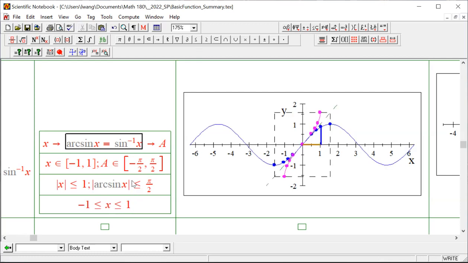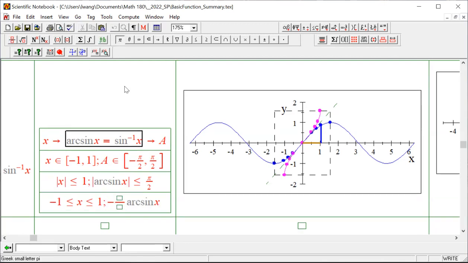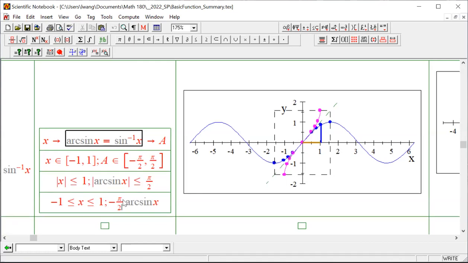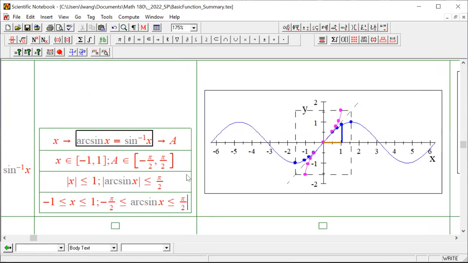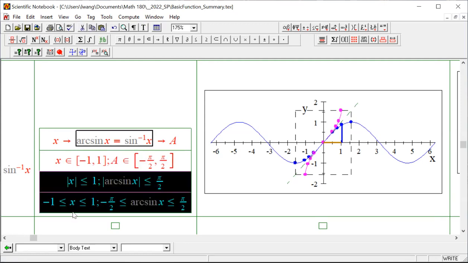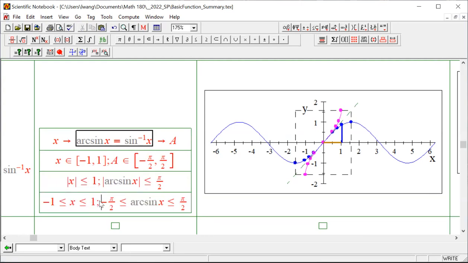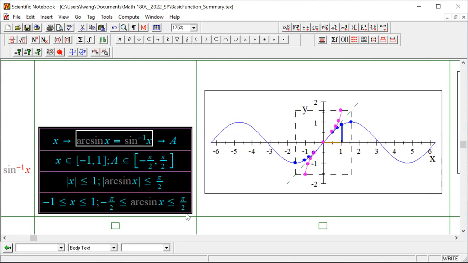And the arc sine is between negative pi over 2 and less than or equal to pi over 2. So those are the different forms: interval form, the absolute value form, and inequality form for domain and range.